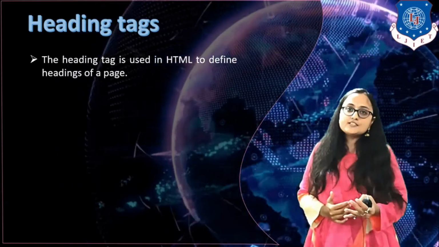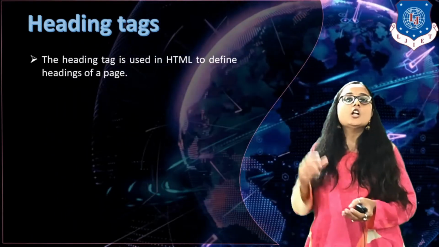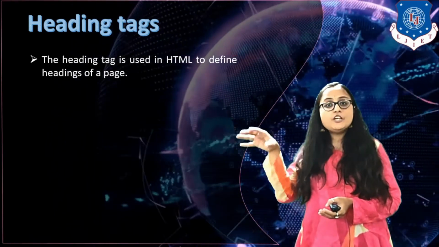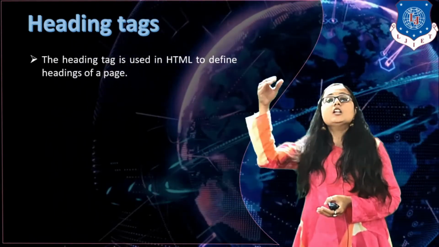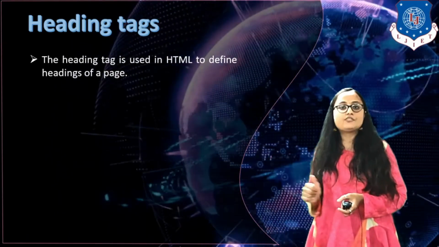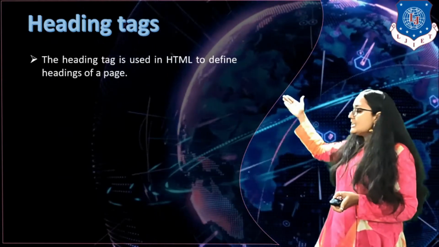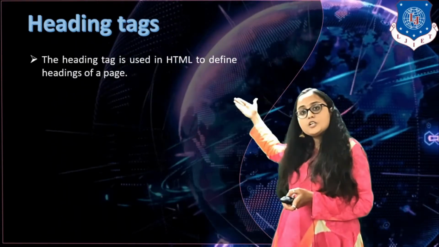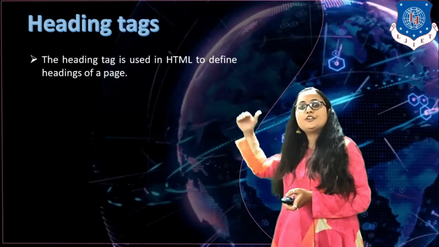Now, what does a user do while reading a newspaper? The user first catches the heading or the topic, and if he or she is interested in that heading, then they will read the whole content after the heading, right? So the heading tag in web pages serves exactly the same purpose as the heading of a newspaper.